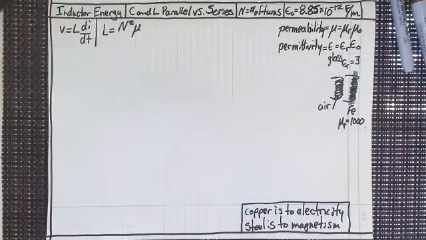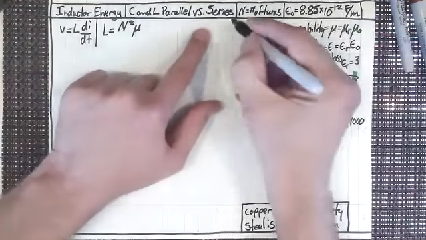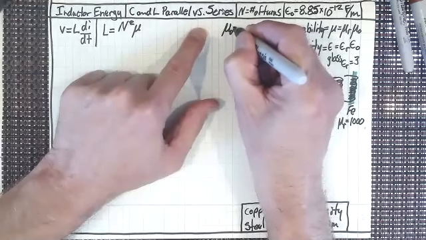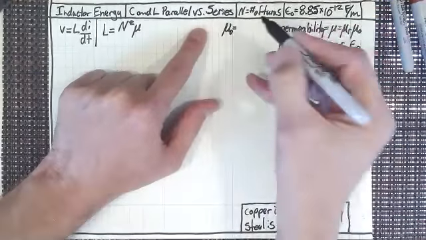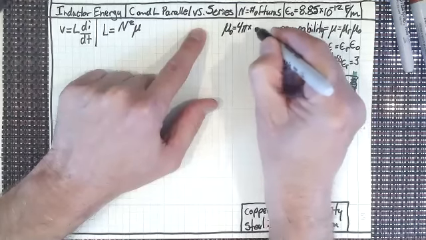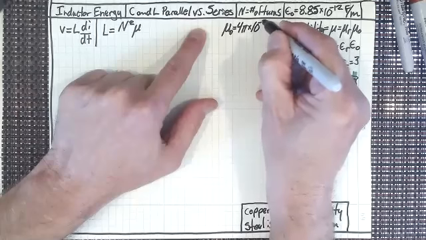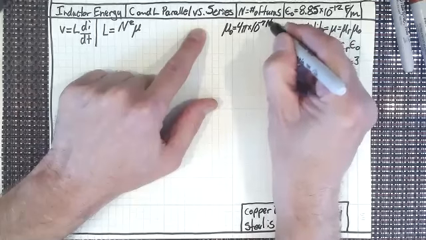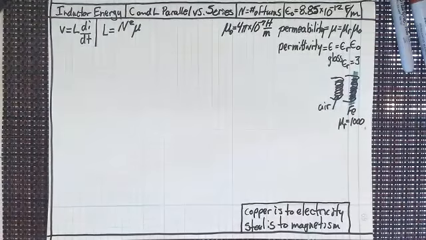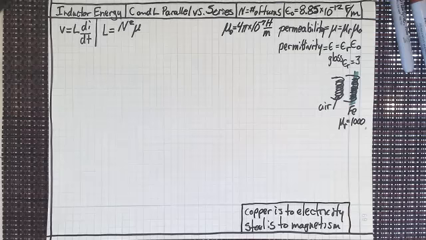Outer space, I forgot to give that to you. Mu sub o, another constant that you're going to remember for the rest of your life. 4 pi times 10 to the minus 7 henries per meter, right? Henries are inductance.